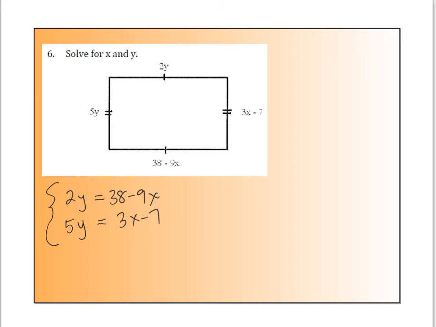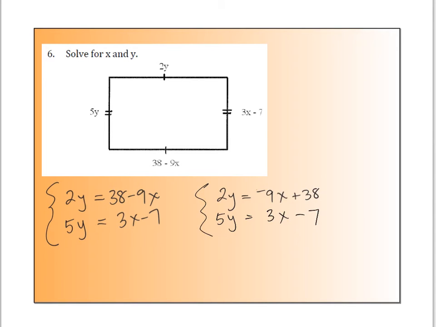The first thing we need to do is line up our variables. So I'm just going to reorder this a little bit. So 2y equals, I'm going to put the negative 9x first. So it's going to go negative 9x plus 38. And then I'm going to have 5y equals 3x minus 7.